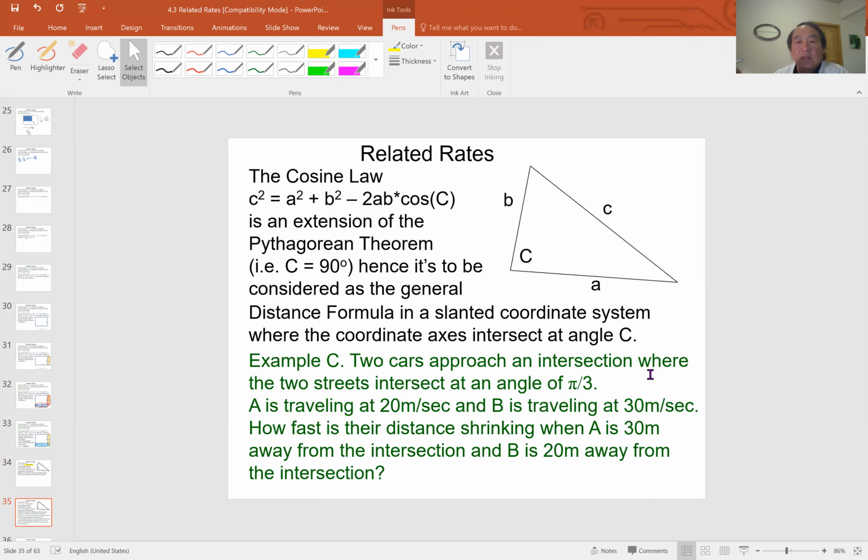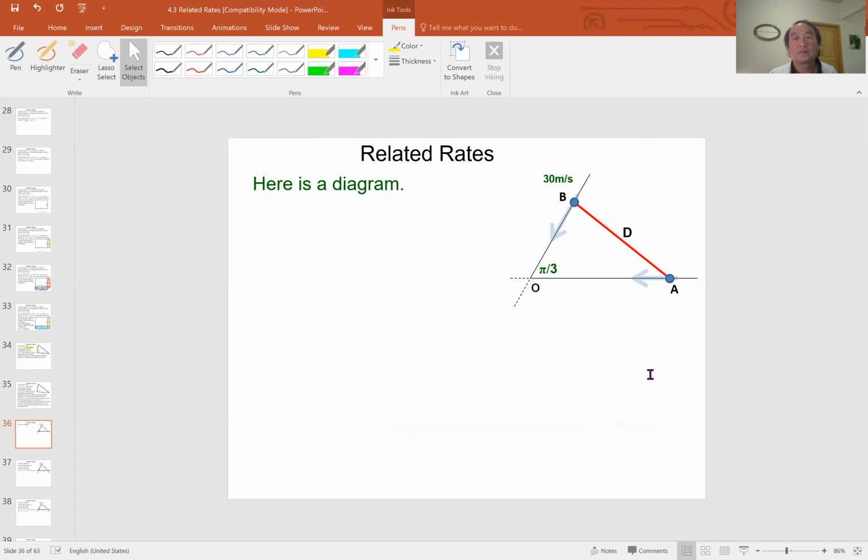At a particular instant, car A is 30 meters and car B is 20 meters from the intersection. So here is the situation: car B is going at 30 meters per second, and car A should be 20 meters per second, going that way. There's an angle of 60 degrees, and here's the intersection.